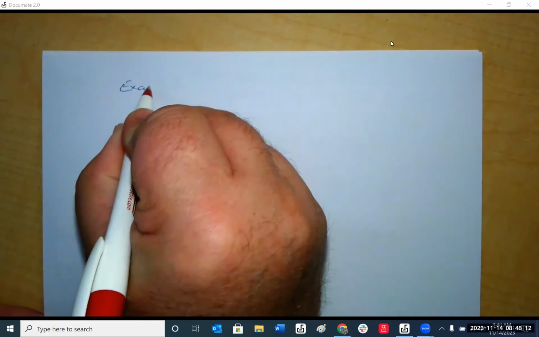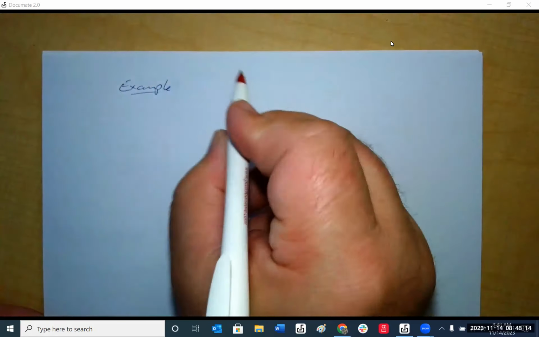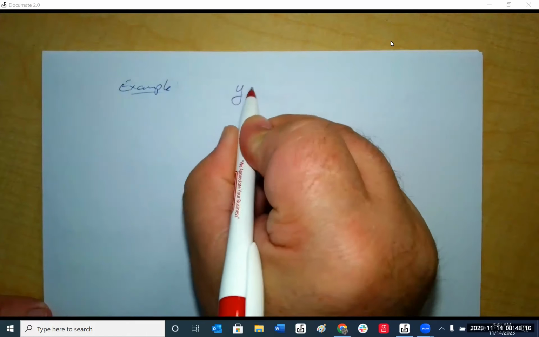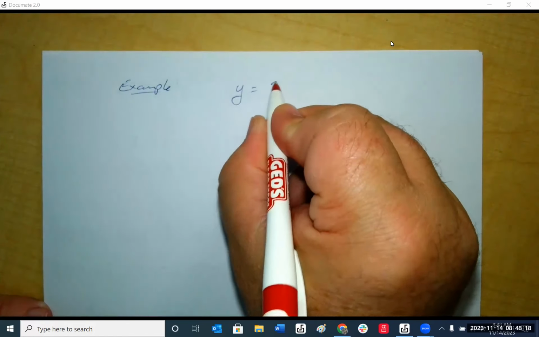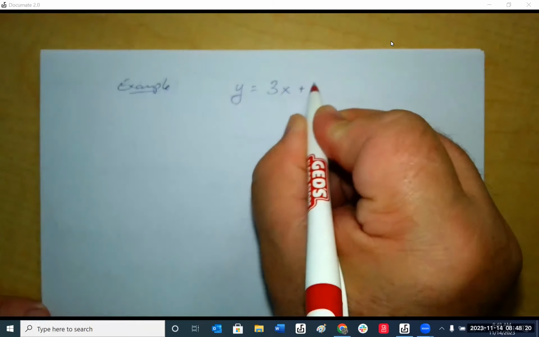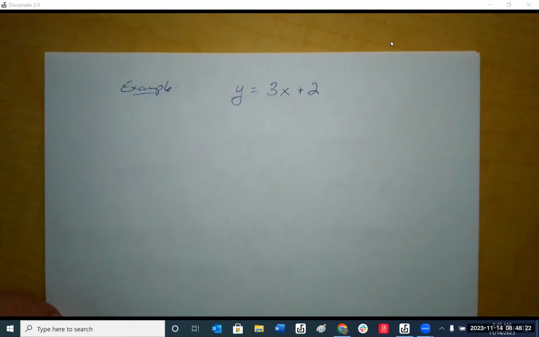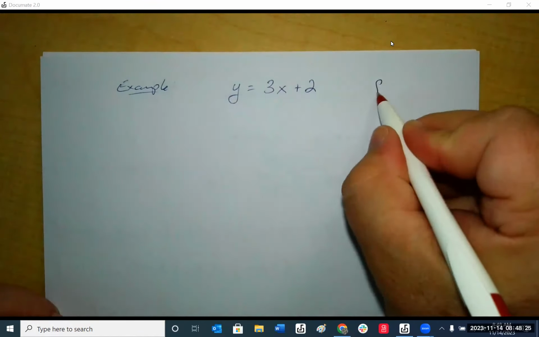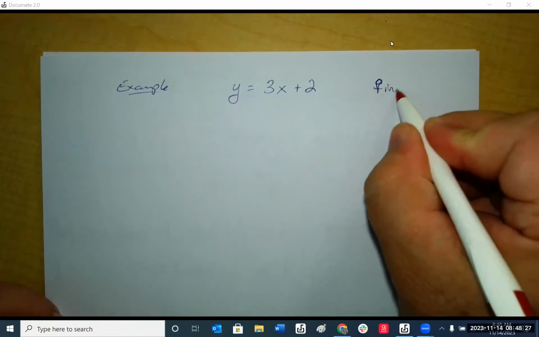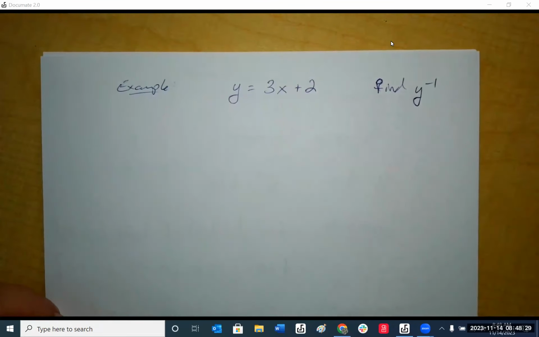So let me give you an example here. Y is equal to 3x plus 2. Find y, the inverse. So what do I do?